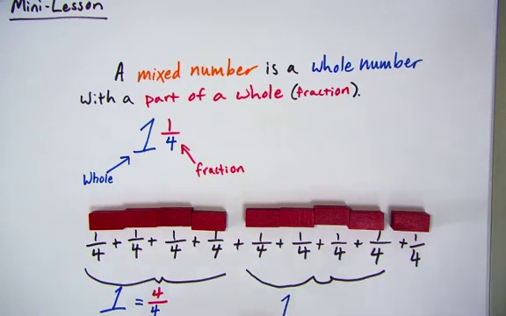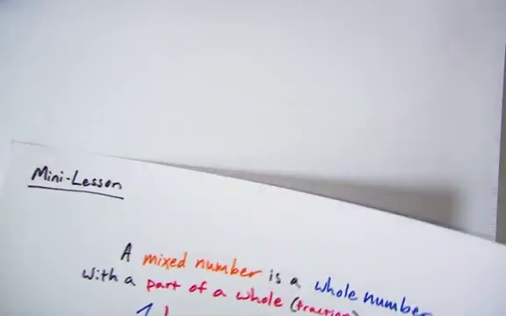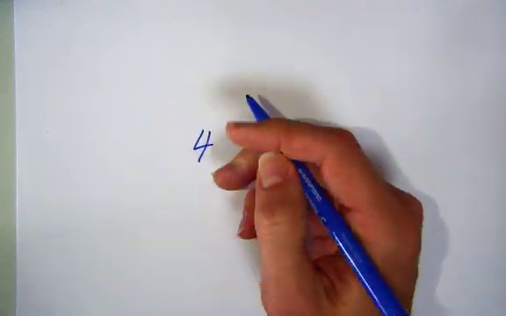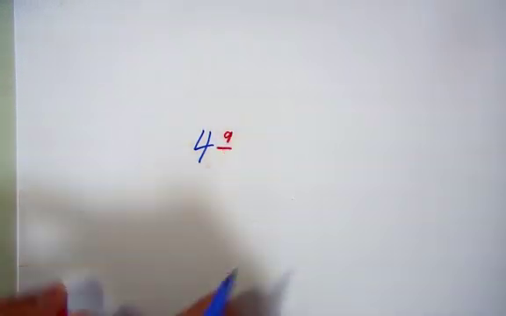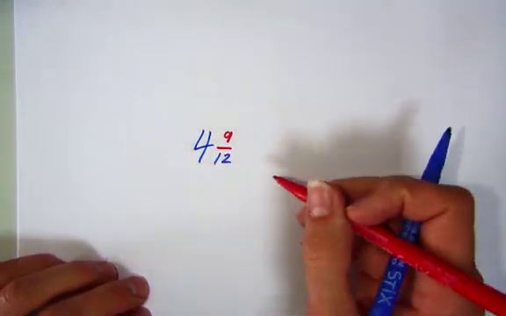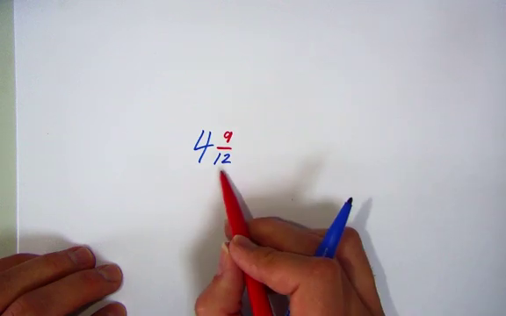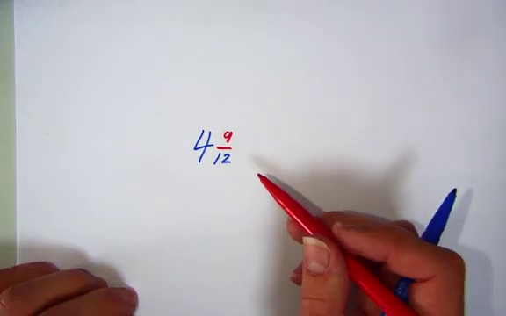Okay, one last thing before we move on, or before you turn off the video. I want to show you that there are many different mixed numbers. You can have mixed numbers like 4 and 9/12. That's a mixed number. That's possible. 4 whole candy bars, and let's say the candy bars were split up in 12ths, and then just 9/12.